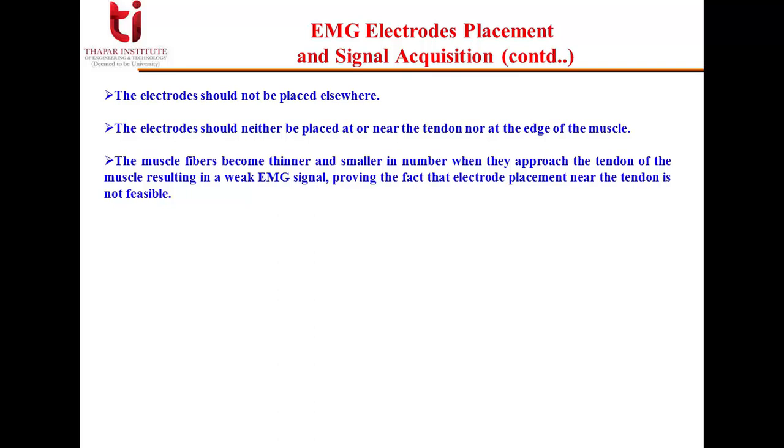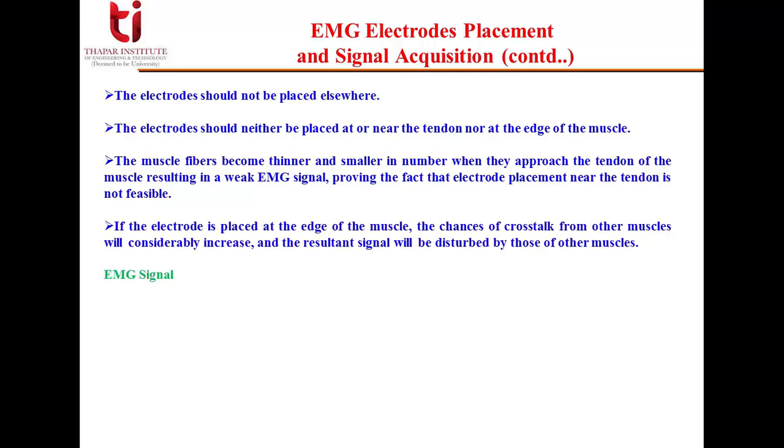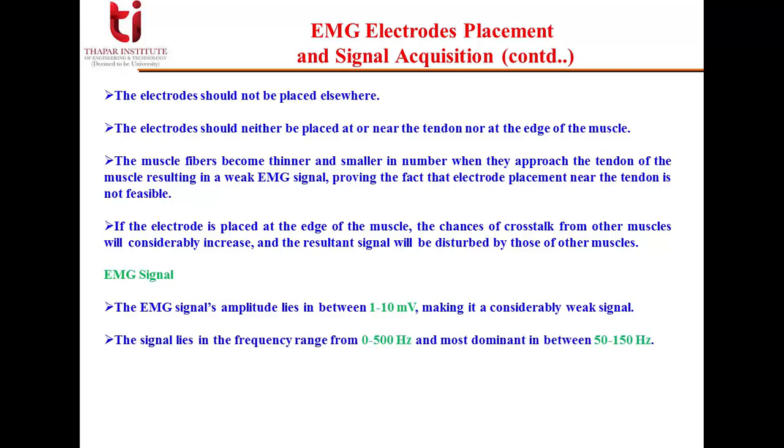Now, let's go through some general properties of the EMG signal. The EMG signal's amplitude lies between 1 to 10 millivolt, making it a considerably weak signal. The signal lies in the frequency range from 0 to 50 Hz and is most dominant between 50 to 150 Hz.